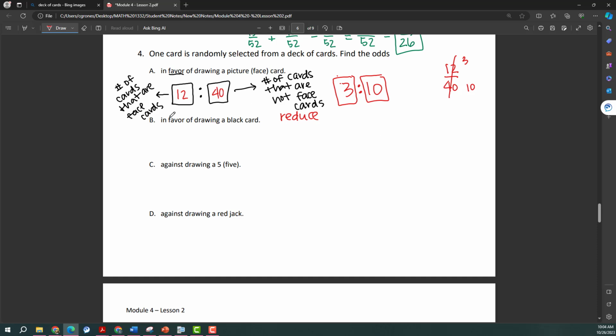All right, in favor of drawing a black card. Okay, so let me write this out. So we're gonna have our numbers. So this would be the number of cards that are black. And then these would be the cards that are not black.